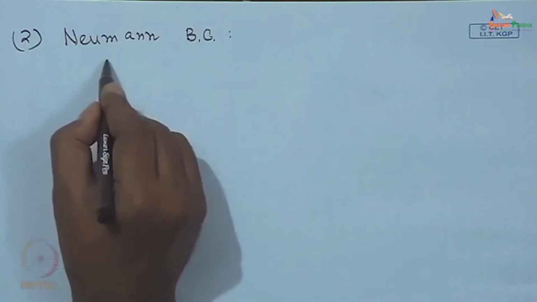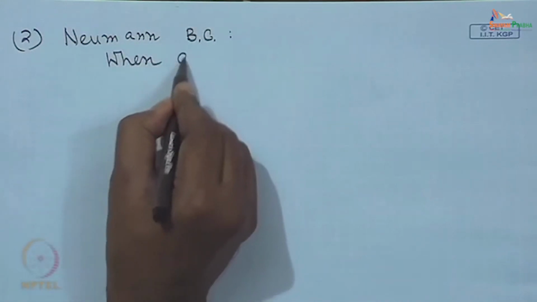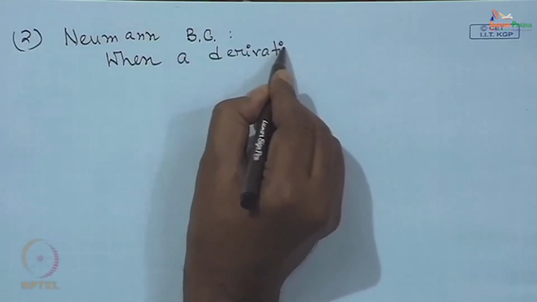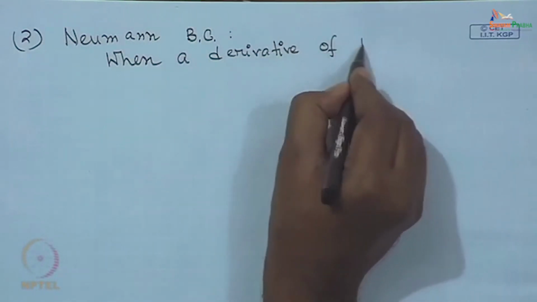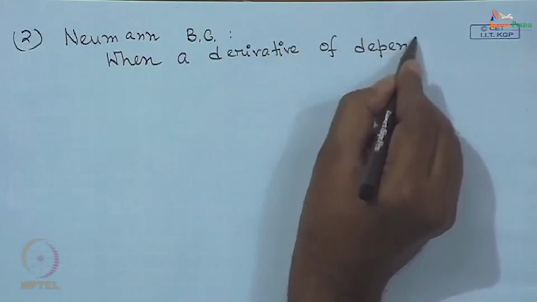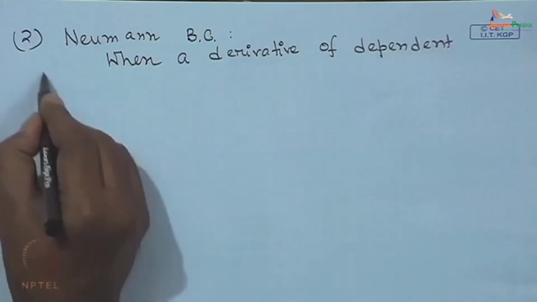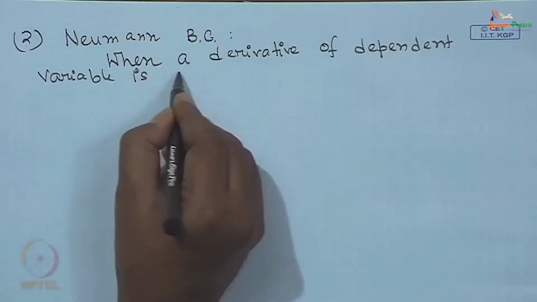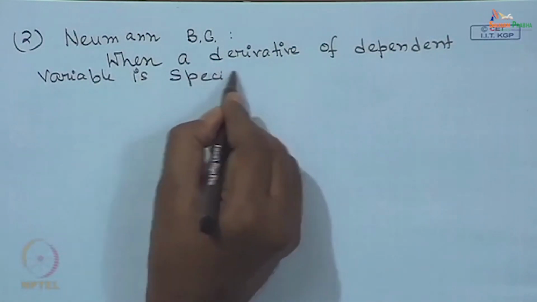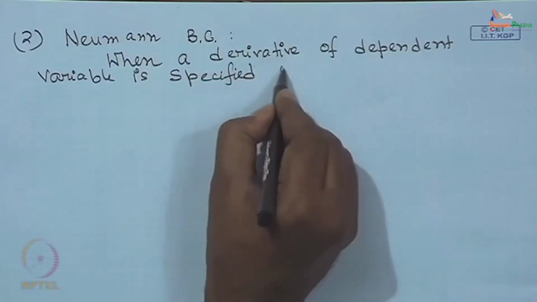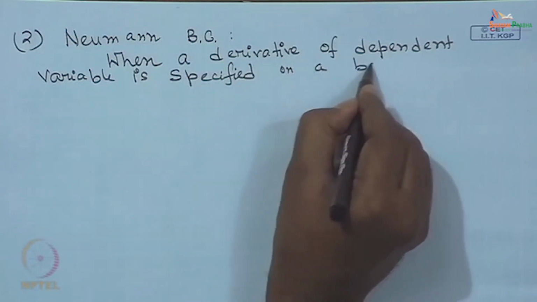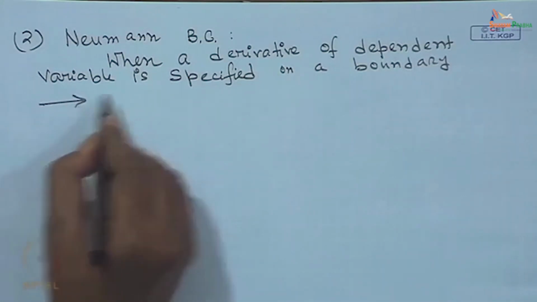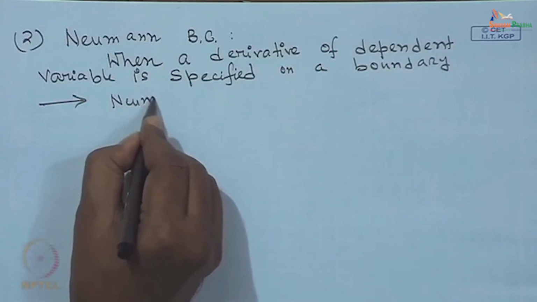Neumann boundary condition is whenever a derivative of the dependent variable is specified on a boundary, we call that boundary condition Neumann boundary condition.